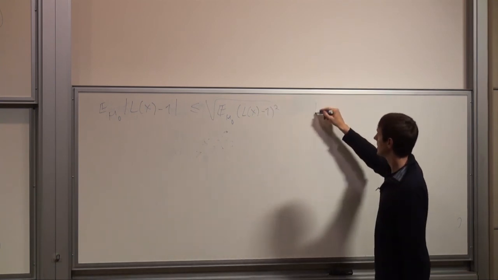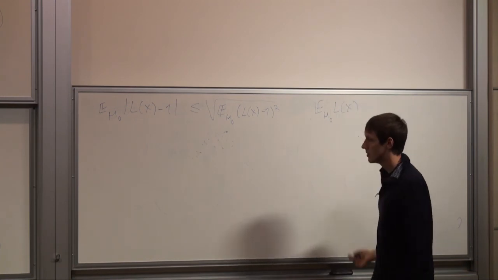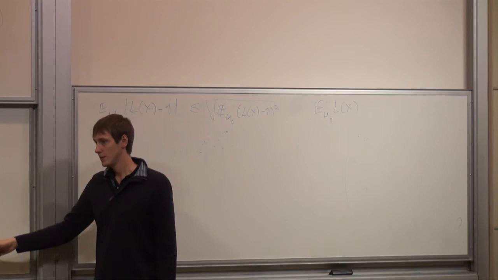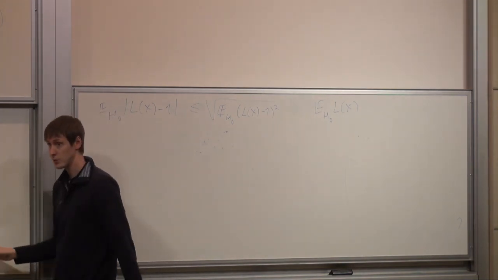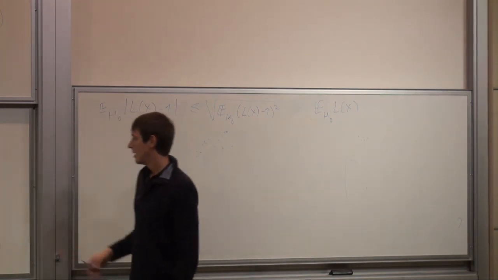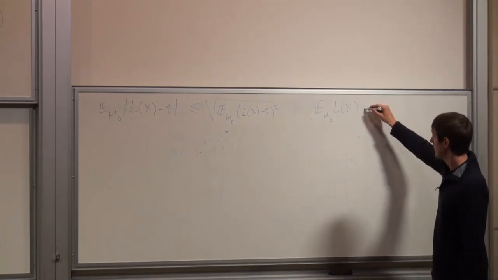But now the nice thing is that look at what is the expectation under the null of the likelihood ratio. Well, by definition, it's 1, right? Because the dP_0 cancels out, I integrate dP_1(x) with respect to a common measure, and I get 1. So this is 1.